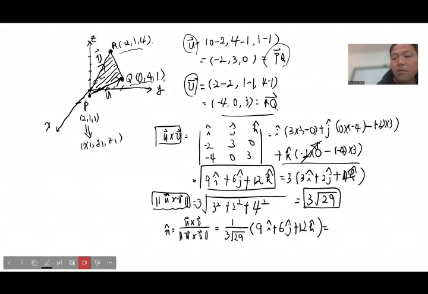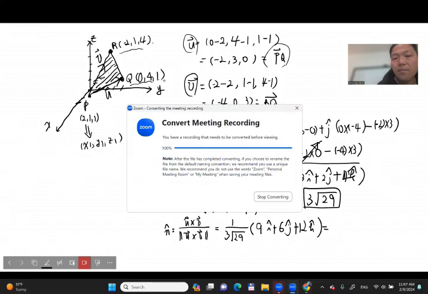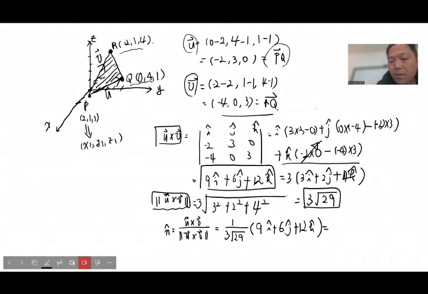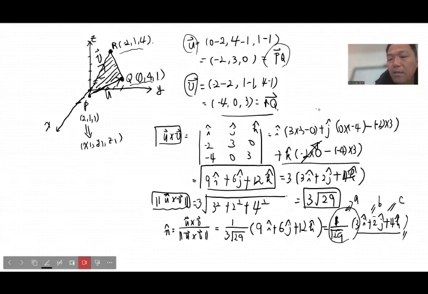If you take 3 out of these x, y, z coefficients, then that should be 1 over root 29 times 3i, 2j, and 4k. Now we know this 3 over root 29 is A, this 2 over root 29 is B, and the 4 over root 29 is C, right?